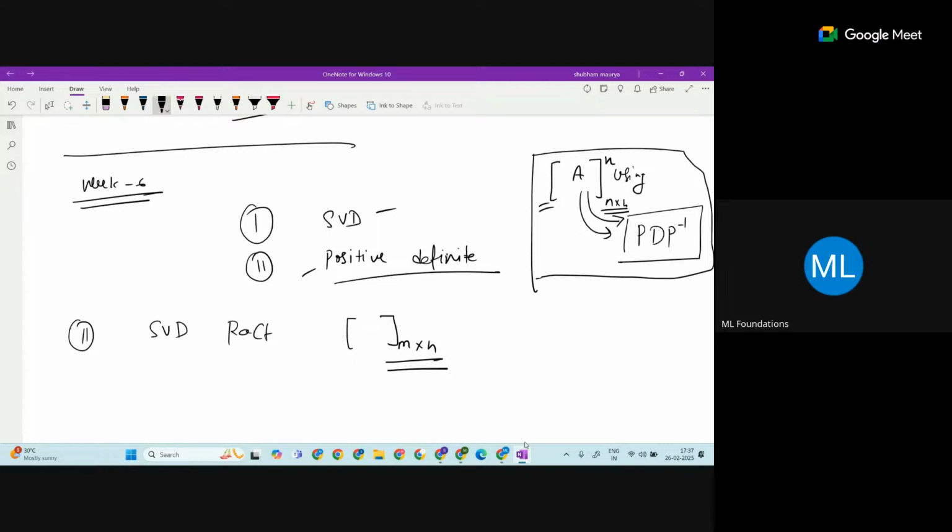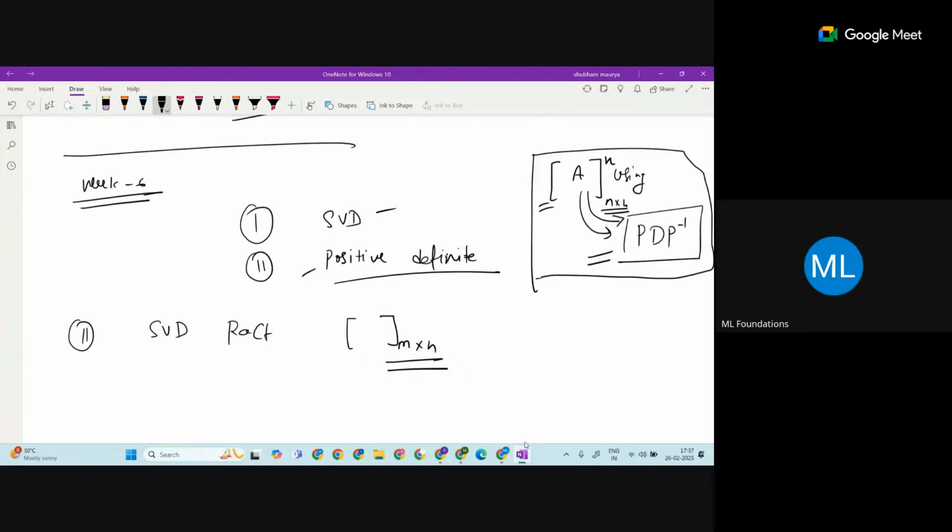The same question would be there: as here we can easily find a simple form and do other operations easily, is there any form for the rectangular matrix also, so that we can do operations easily? So this is the question. Because of this purpose, SVD came.